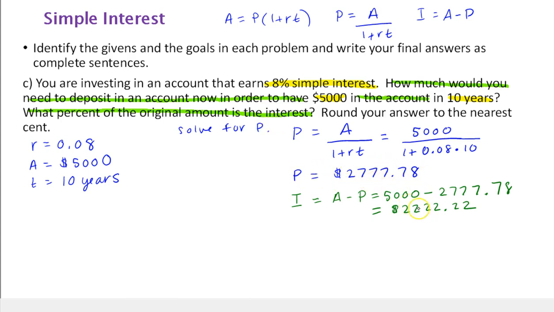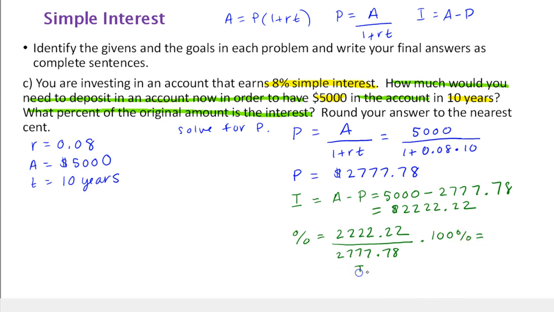Okay, so it looks like these amounts are relatively close, so I'm expecting a high percent here. So we'll put percent equals the interest divided by the principal, and we'll multiply by 100% to write that as a percent.